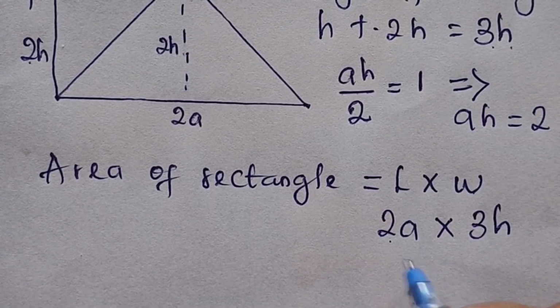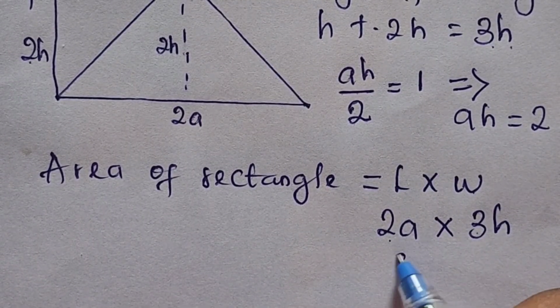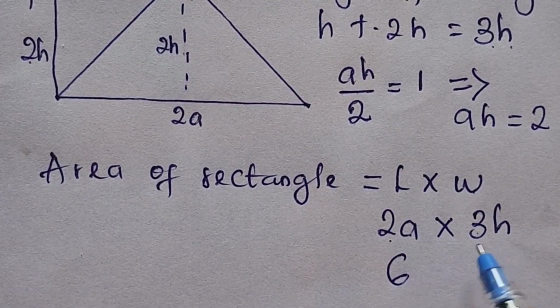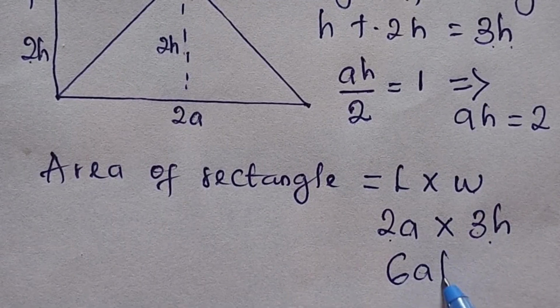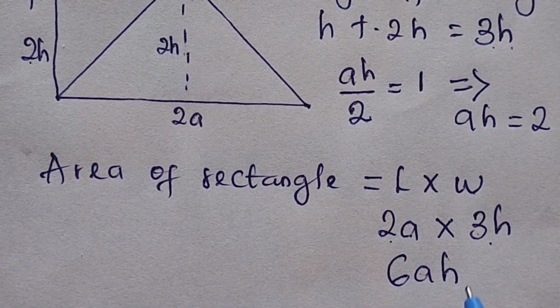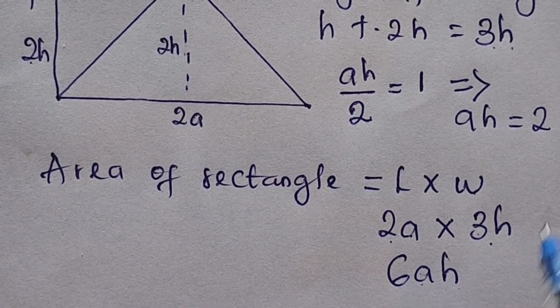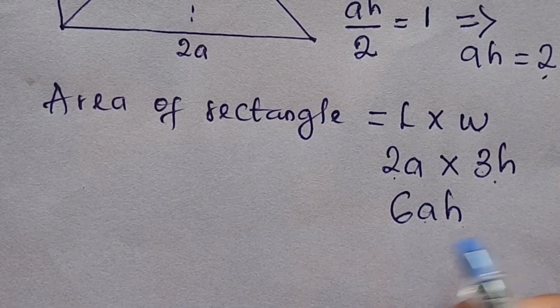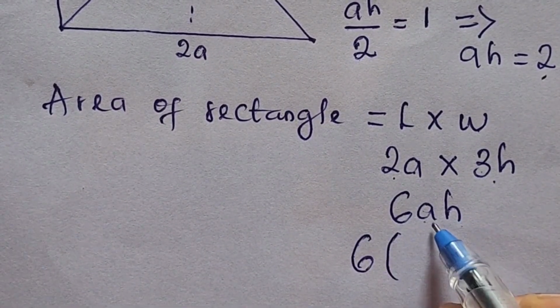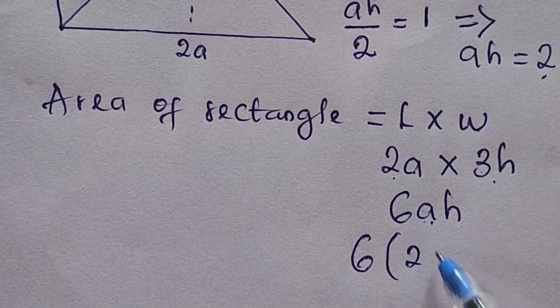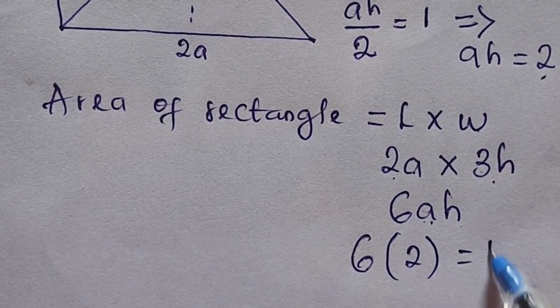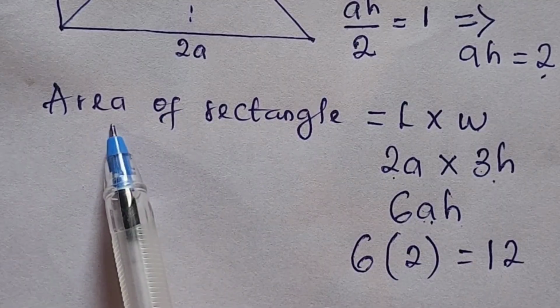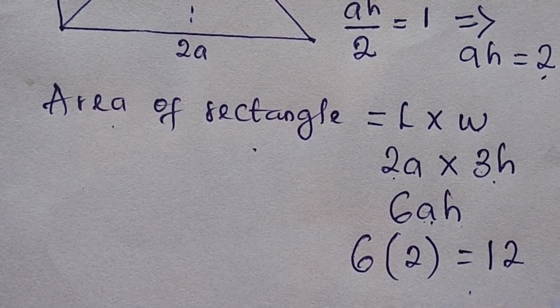So when we multiply this, we have 2 times 3, which is 6, and we have 6ah. So our ah we know to be equal to 2. So we'll have 6 times, inputting the value for ah, which is 2, is equal to 12. So the area of the rectangle is 12.